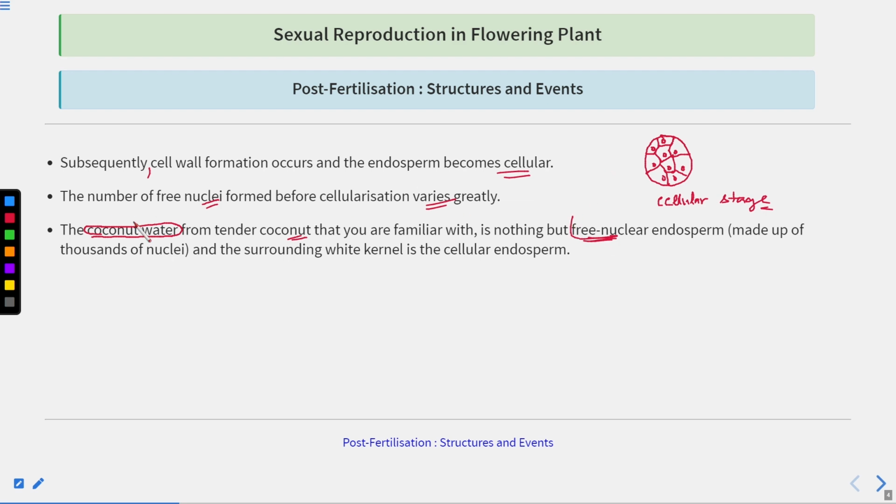This liquid part is also known as the liquid endosperm. It consists of thousands of nuclei, and this is surrounded by a white kernel that you also eat. This white kernel is the cellular endosperm.